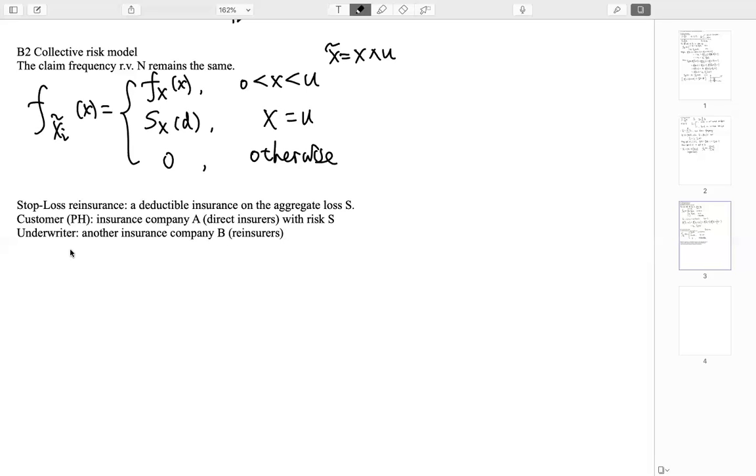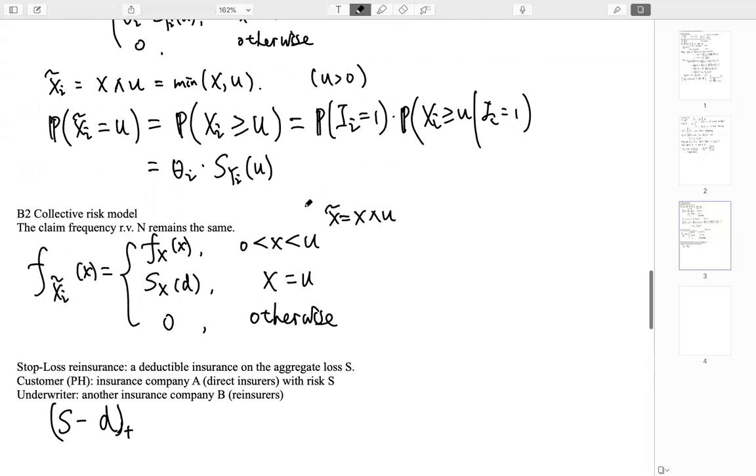So basically, stop loss is just this. The risk of this contract is the aggregate loss S, and you apply a deductible D on the entire aggregate. Previously in chapter 2, when we studied deductible, it was a deductible on an individual policy, or on an individual claim.